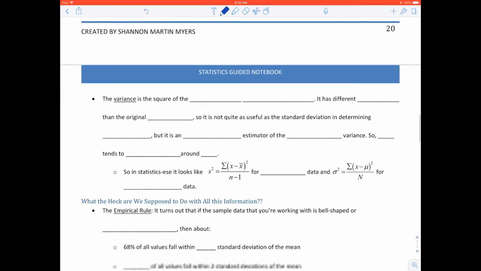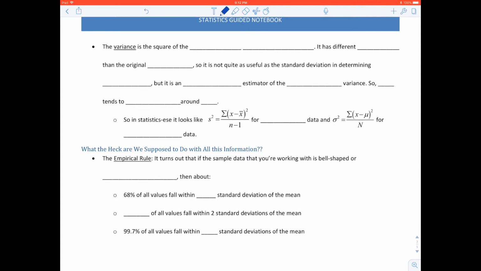All right, so next up, the variance is just the square of the standard deviation. It has different units than the original data. So it's not quite as useful as the standard deviation in determining spread.